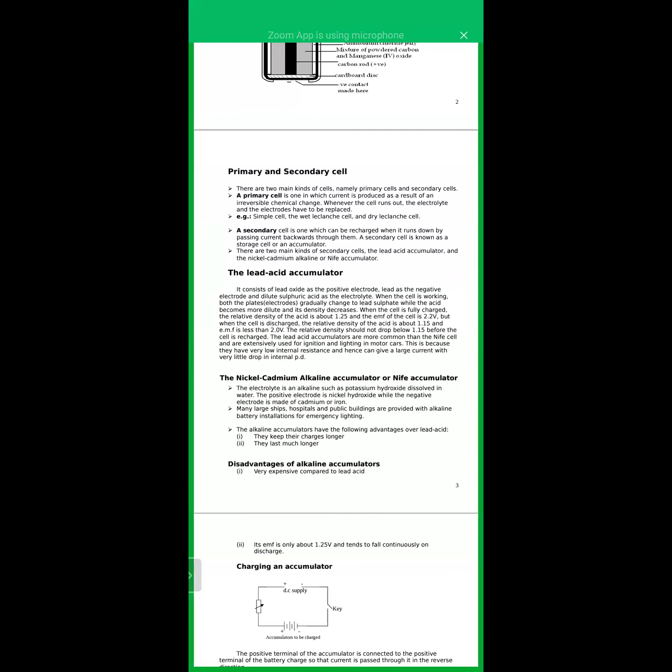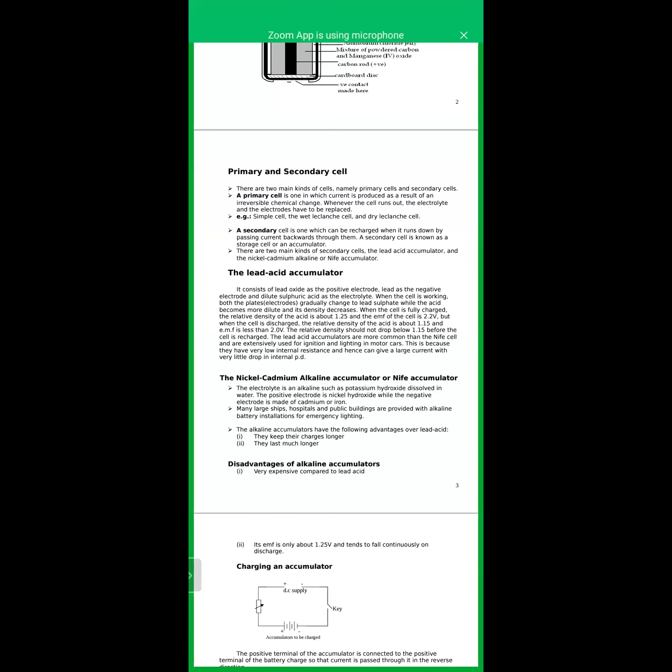For those who missed, you go to YouTube and check, and then we can continue with the lead acid accumulator. Someone defined the secondary cell in line with the lead acid accumulator, and then the nickel cadmium alkaline accumulator.